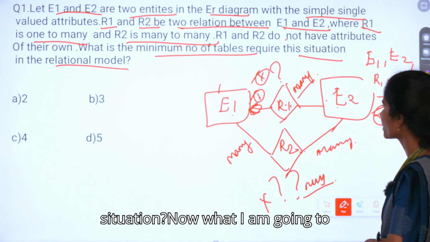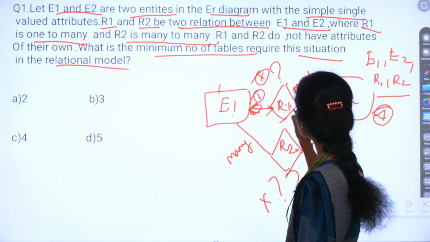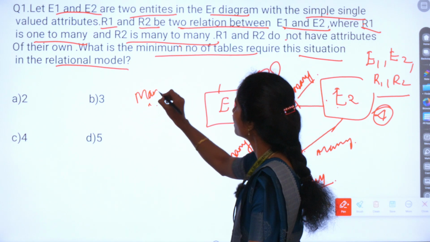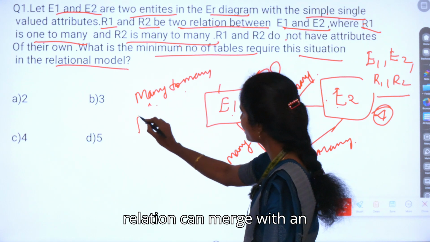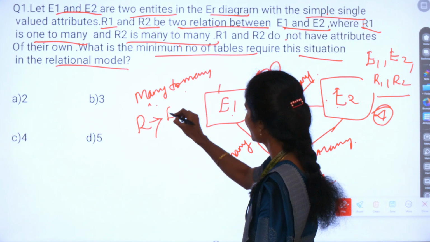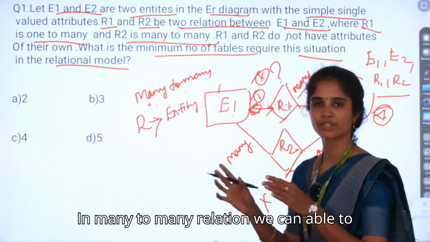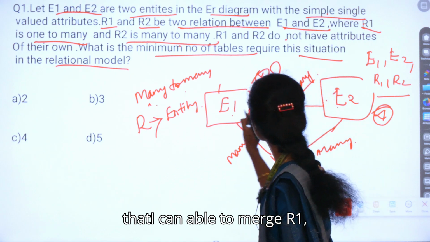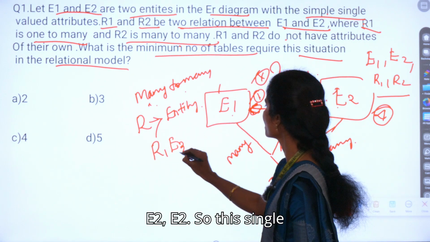Now what I am going to do is reduce. I already told you that many to many, the relation can merge with an entity. In a 1 to many relationship we are able to merge the relationship with an entity, so I merge R1 into E2.